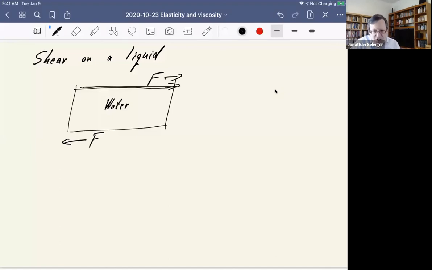Here we can see a big difference between solids and liquids, okay? Because in the solid, we get a strain, and then the material stops.